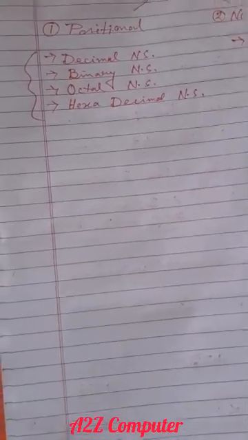Now let's first be introduced to all these positional number systems one by one. First, number 1, the decimal number. Each and every one of these four number systems has some particular identification. How can we identify them?